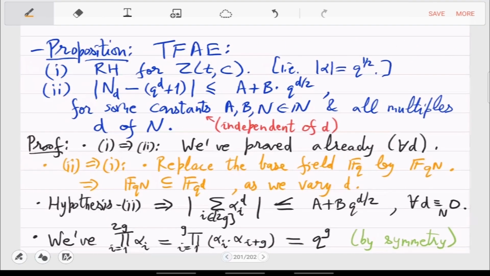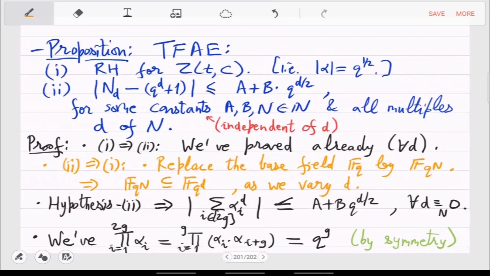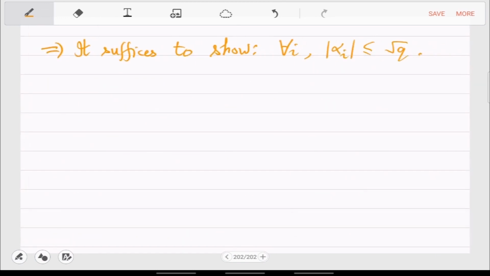Right, because if all the norms are less than or equal to square root q, and the product of these 2g things you want to be q raised to g, then all the norms have to be equal. Not a single norm can be strictly less than square root q. So we just have to show this upper bound actually, that the norm of alpha i is less than or equal to square root q.